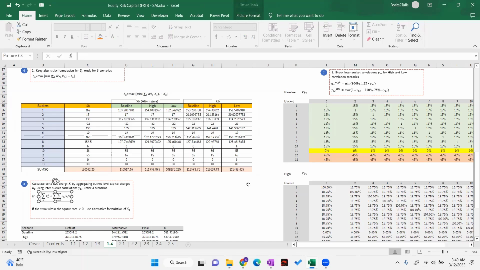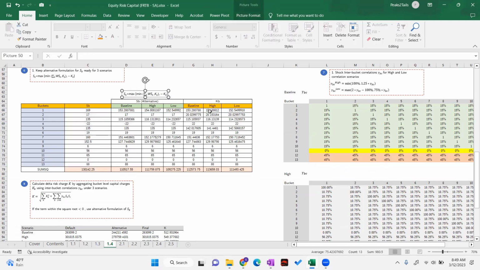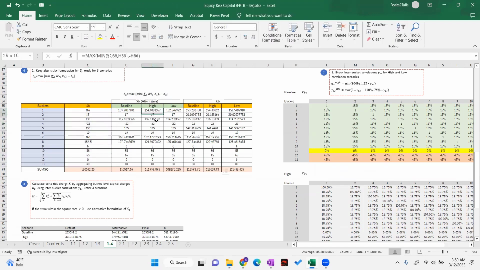But if that whole thing comes out as negative, then you cannot calculate the square root of a negative number, right? If that comes out negative, then you cannot use this default calculation for SB. You switch to the alternative formulation. We're talking about the high scenario, right? So within high, SB alternatively is given by this. So you use this one. I hope that's clear now.